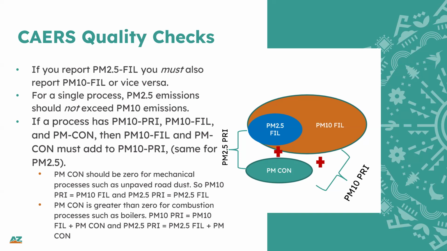PM10 filterable should be greater than or equal to PM2.5 filterable. Primary PM10 should be the sum of filterable PM10 and condensable PM. Similarly, primary PM2.5 is the sum of filterable PM2.5 and condensable PM. Condensable PM should be 0 for mechanical processes, making primary PM equal to the filterable component.